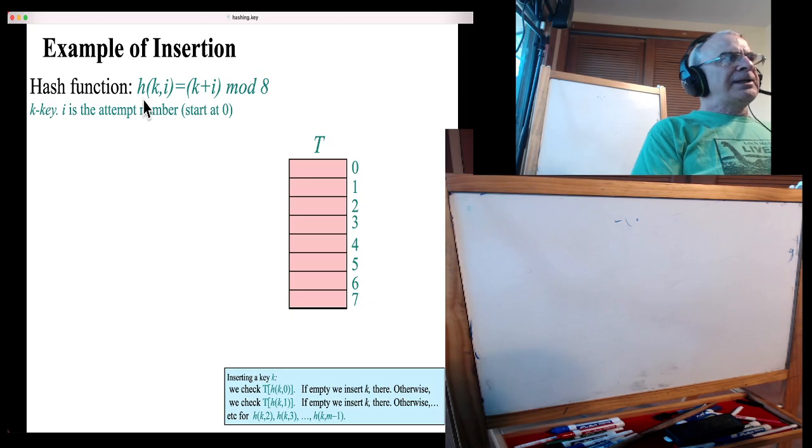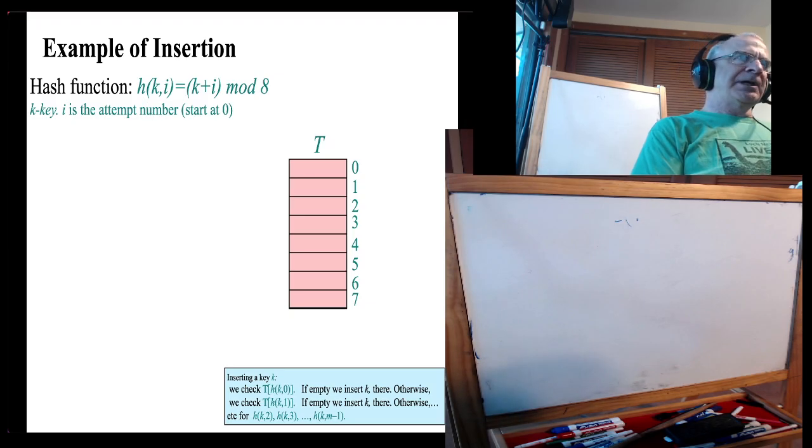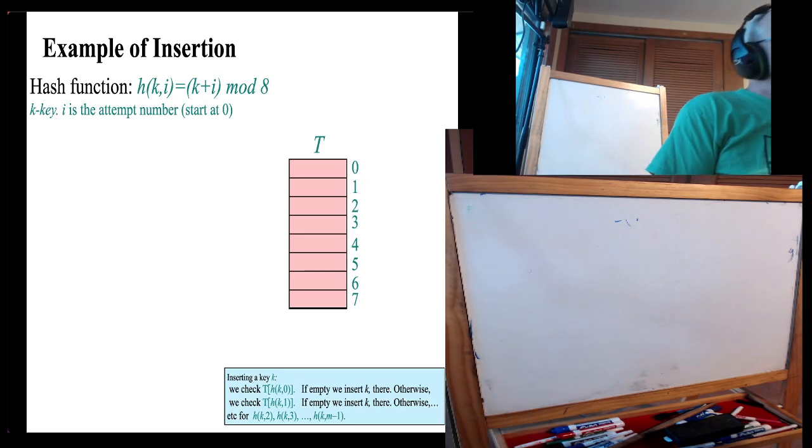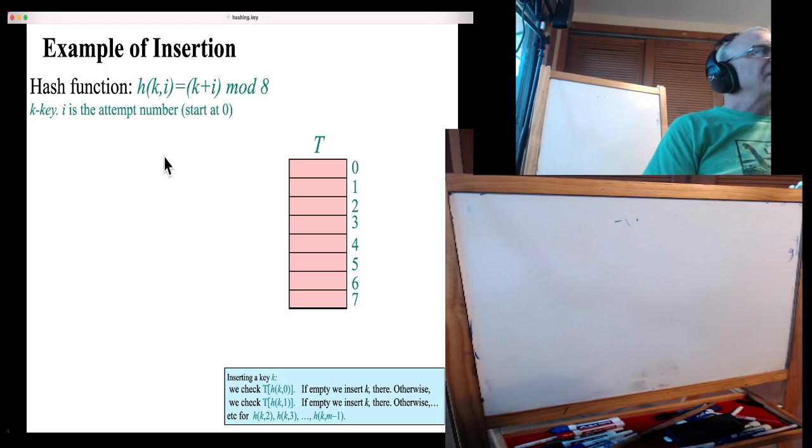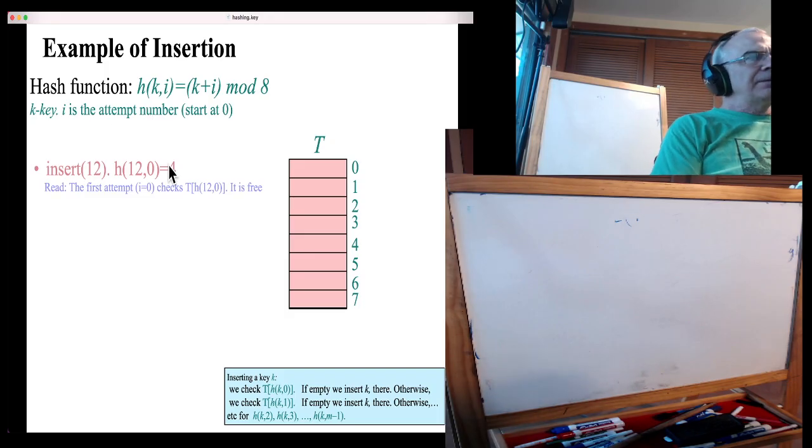And we ended up with an example of insertion. I remind everybody, open addressing means that all the data is stored in the hash table itself. No linked list, no auxiliary data. So I want to insert 12.